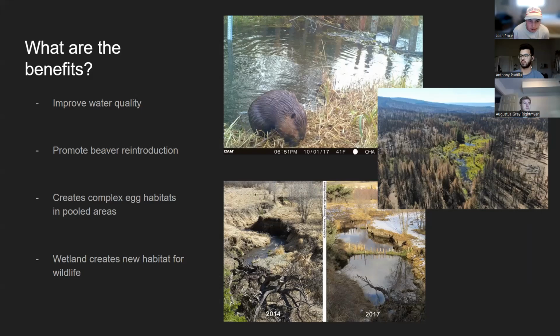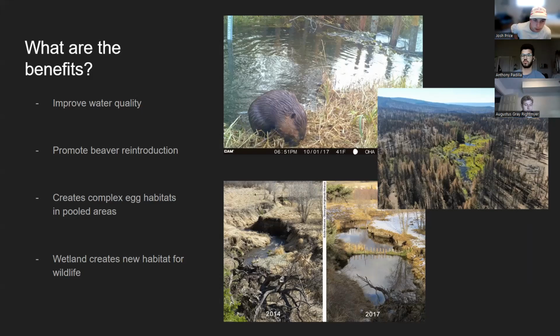They also create complex egg habitats for fish. The inner side of the BDA starts to pool and create deeper areas and different conditions for fish to start to lay their eggs. When we were in California with my studio, we saw this with the salmon. Salmon like to lay their eggs in slow moving water in deep areas of the water system, and so this is helping the locals start to reintroduce salmon in areas where actual dams have pushed them out of their local habitats.